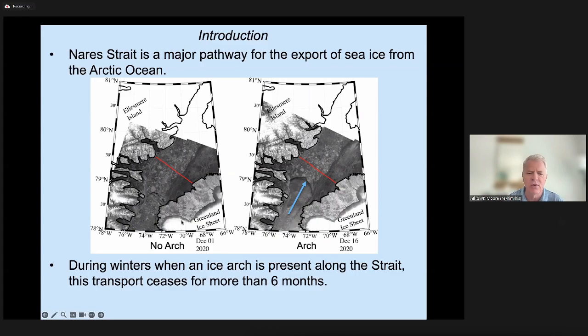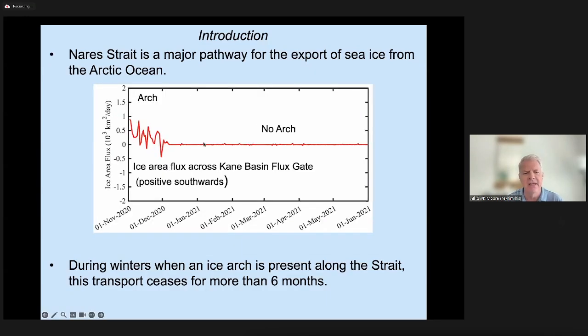When these arches form, the transport down through Nares Strait can cease for upwards of 6 months or so at a time. The red line here is a flux gate, which we've put in here. By using the SAR imagery, one can calculate the ice motion across this flux gate, and this is what you see here. This is the ice area flux across that gate.